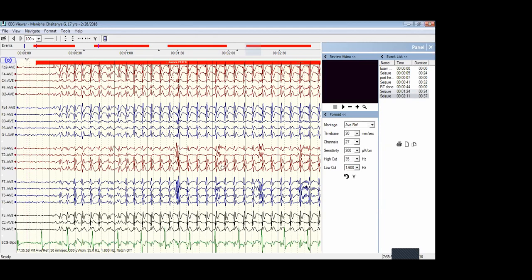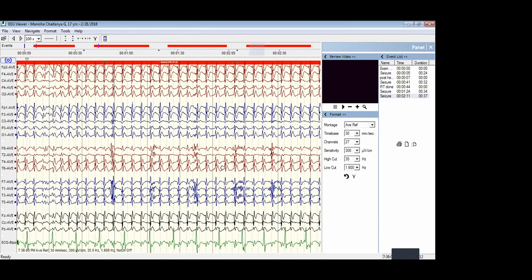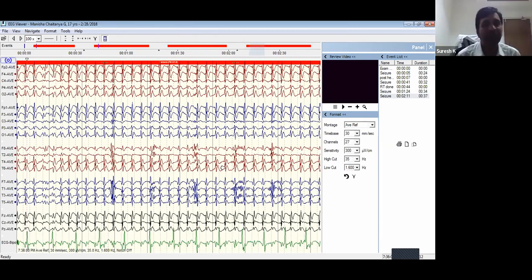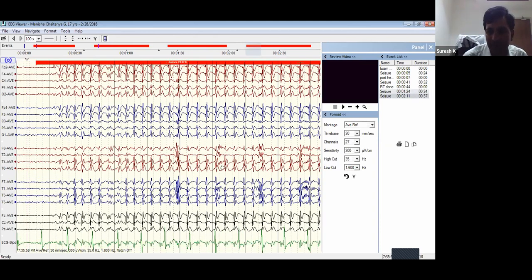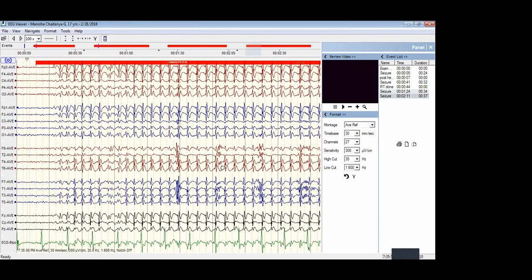The possibility of juvenile absence epilepsy is there because the frequency is high. One is juvenile absence, and also juvenile myoclonic absences.